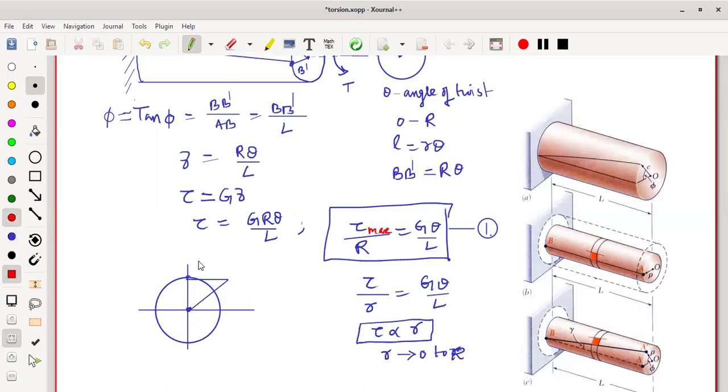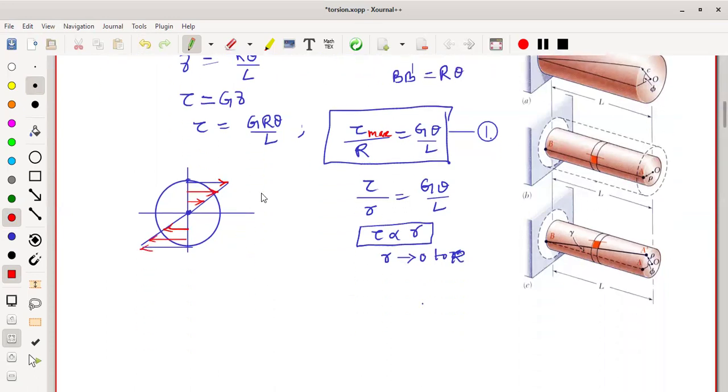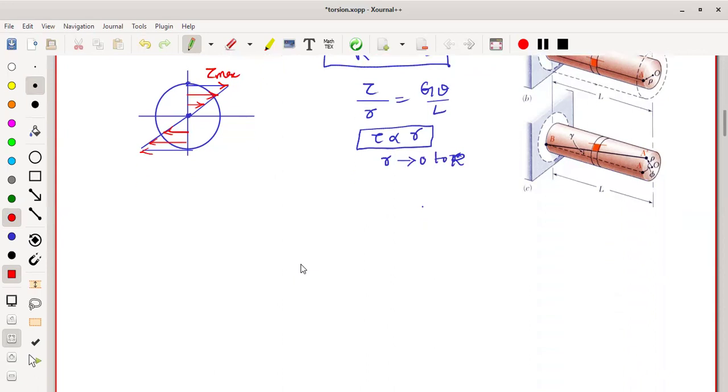So it is the shear stress distribution in the shaft when the shaft is subjected to torque. Opposite to it, you have the shear strain again, represented in this direction. So here is tau max. This is tau max at r equal to capital R.